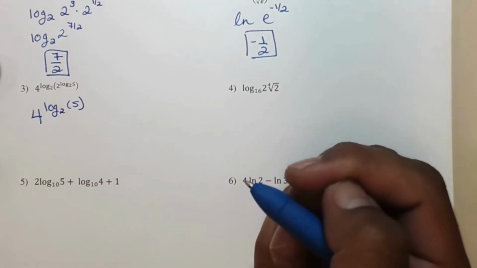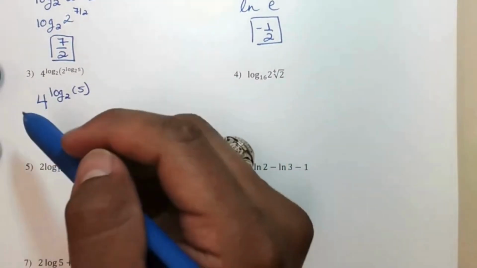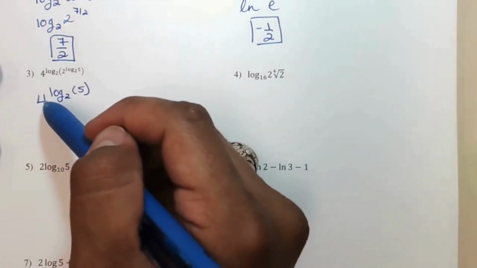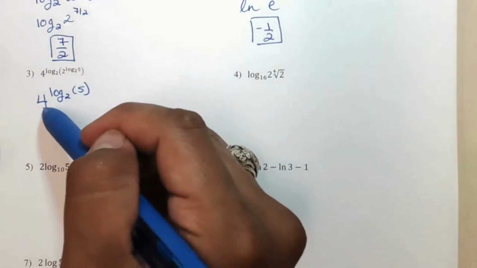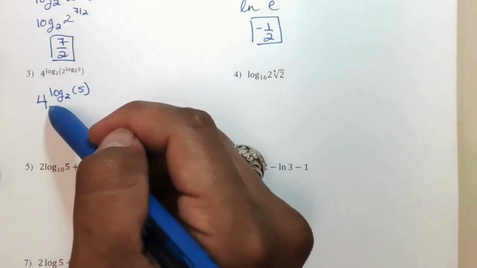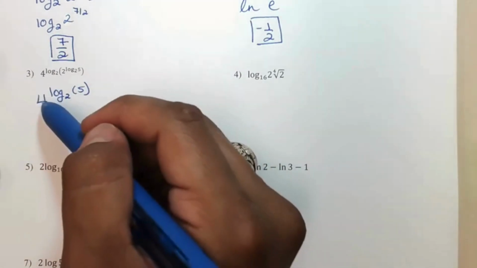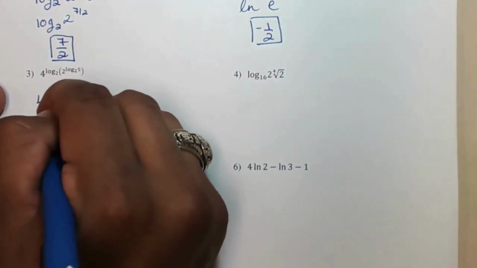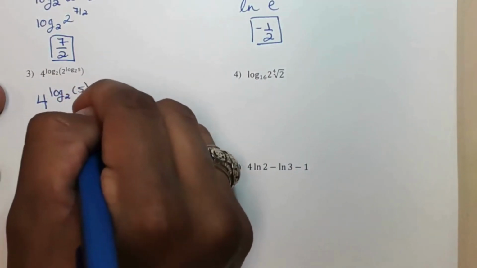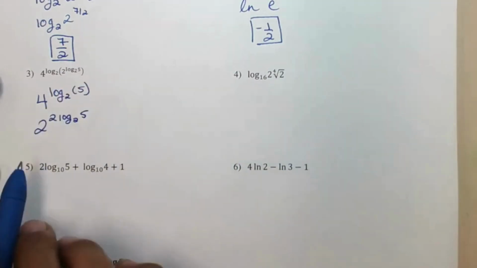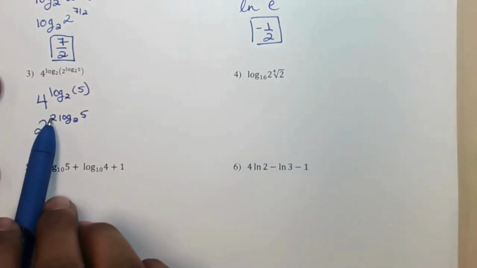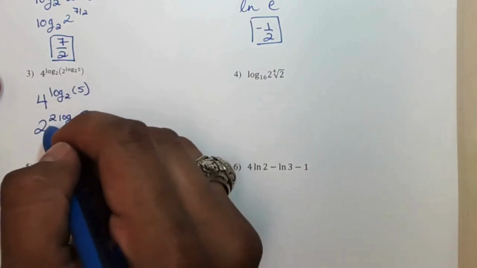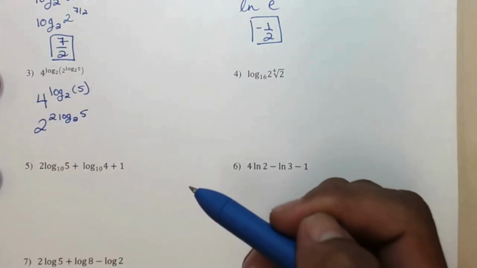Now I'm going to do a little crazy thing here where, for me to be able to simplify this easily, I'm going to get the exponent and the log to have the same base. Since 4 is base 2, it's 2 squared, I can change it to look like this. So that 4 is 2 squared. You can put that in parentheses if you want to, being raised to the log base 2 power of 5.